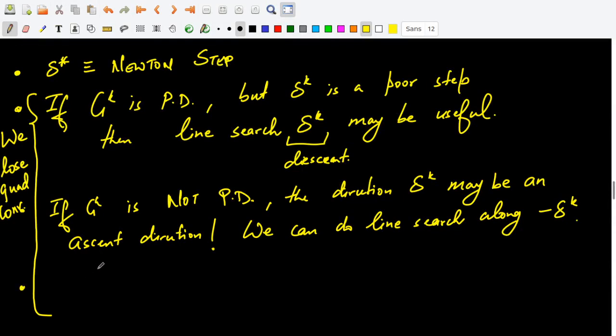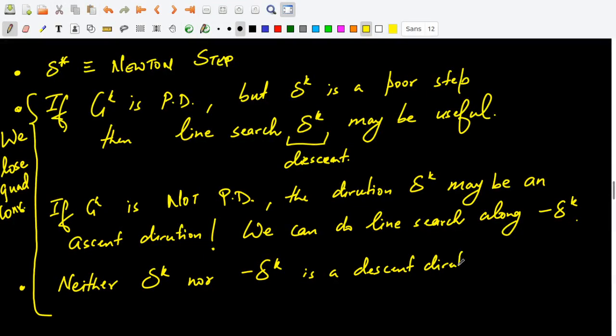It may also happen that neither delta k nor minus of delta k is a descent direction. That means none of them are ascent directions, none of them are descent directions, which means that it is perpendicular to the gradient.